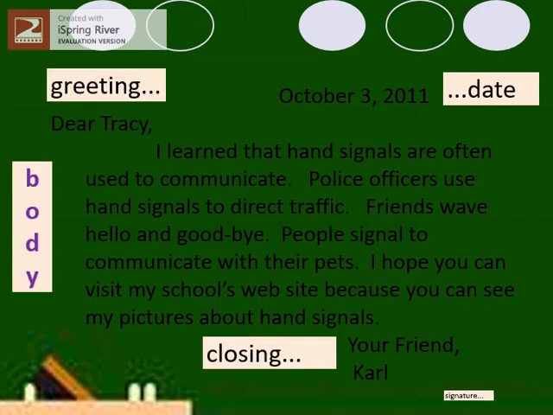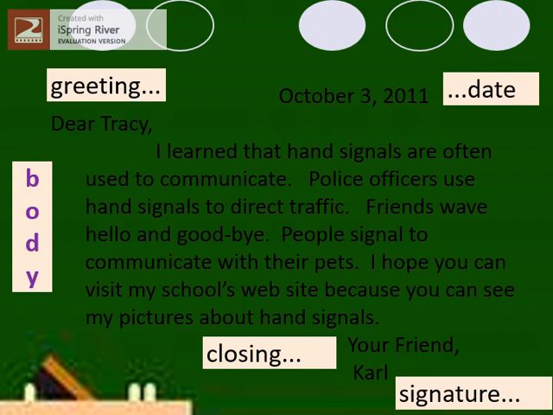For you to understand well, what are these parts of the letter? Take a look at this. October 3, 2011 is our date. Dear Tracy is our greeting. The message of your letter is what we call the body.